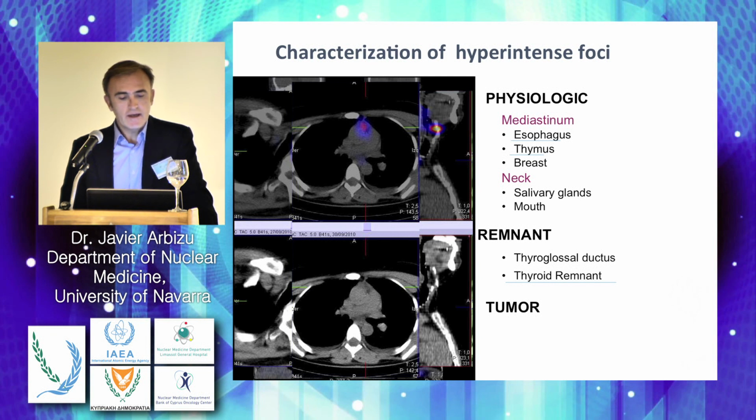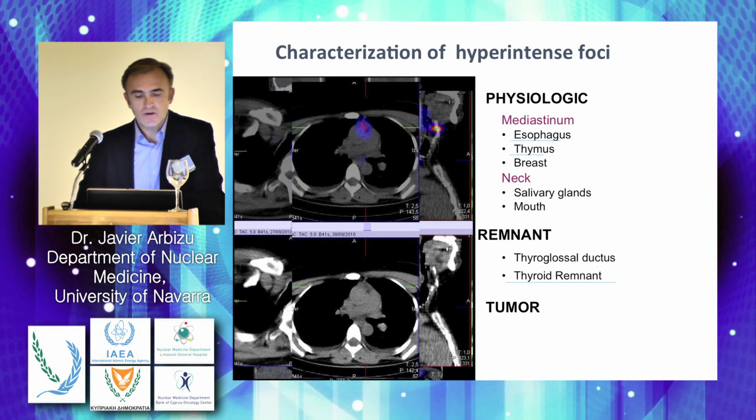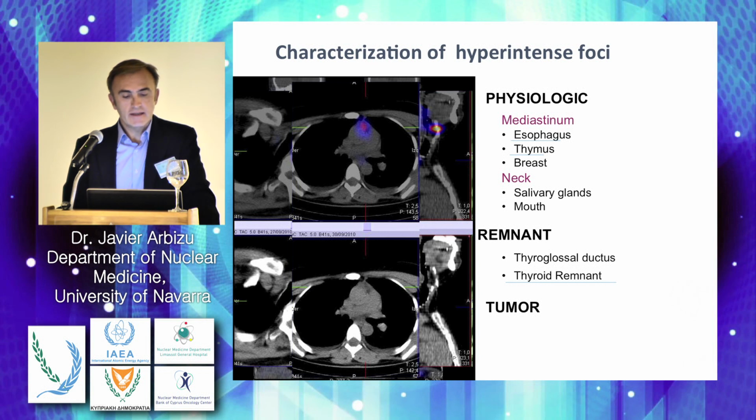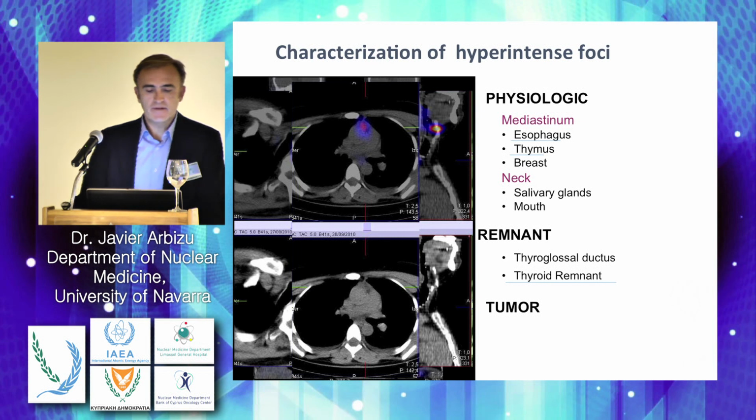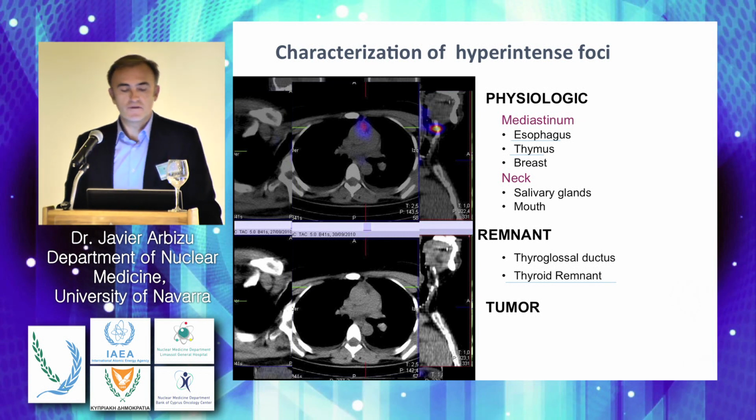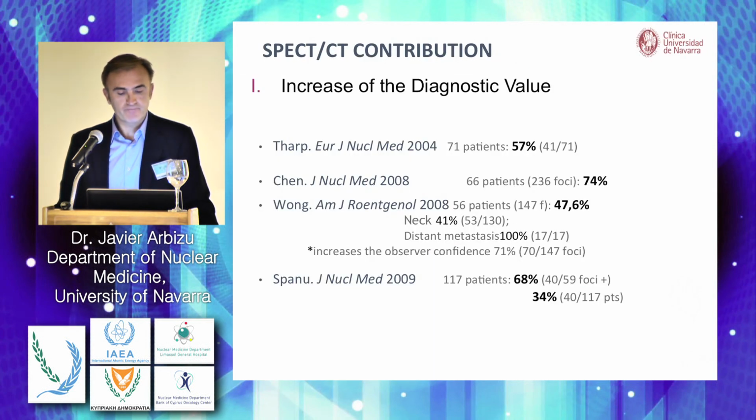And also here you can see the esophagus in this area very clearly, or the thymus, which could be present in some people, not only young, and could be difficult to differentiate from lymph nodes in the mediastinum in some patients.